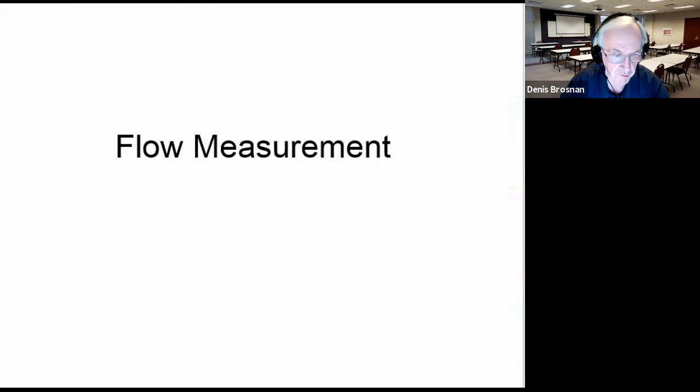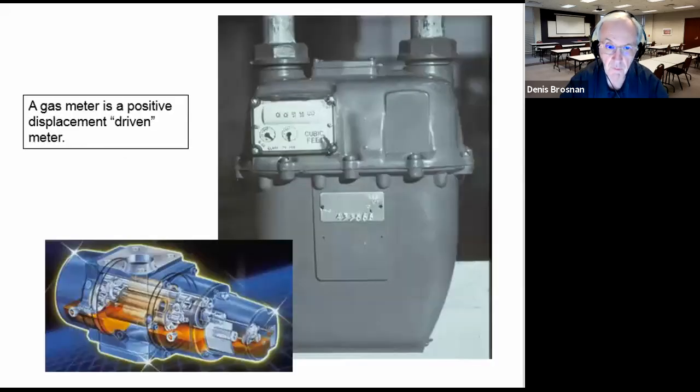Now we get into flow measurement, and so we're going to have the ability to measure the airflow and the gas flow in order to make sure that everything is proportioned correctly by our piping system and our components. The first thing to start with in flow measurement is the main gas meter. And the main gas meter is a positive displacement type of meter.